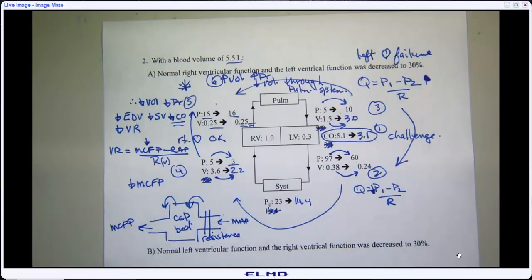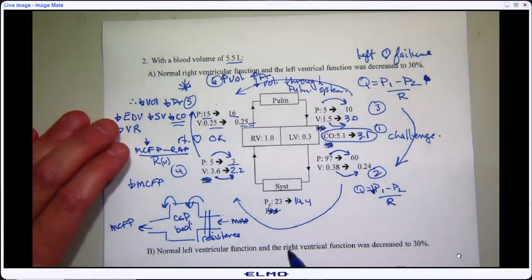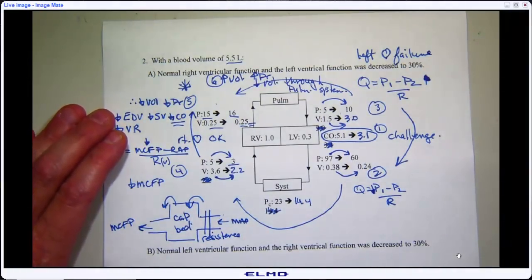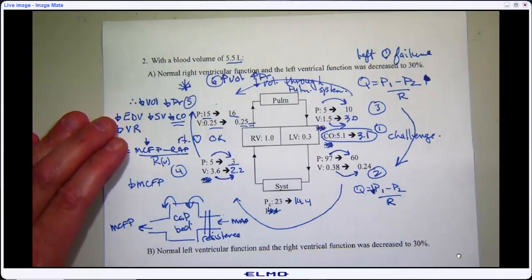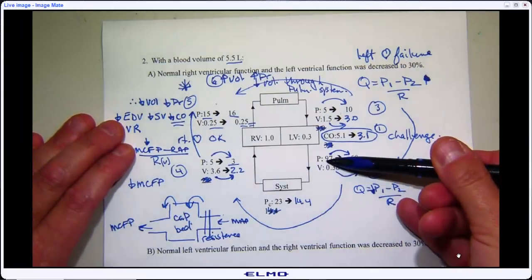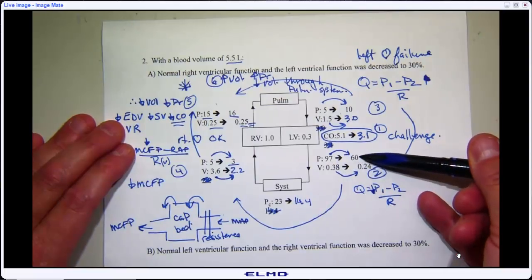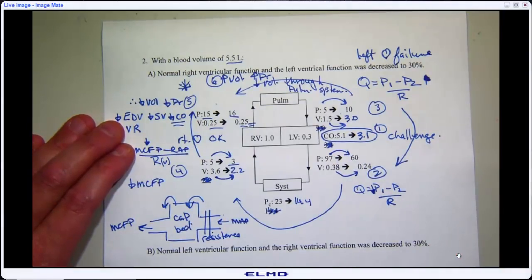Okay, so why did you decrease volume in? Because the pressure dropped. What pressure dropped? Systemic arteries. So your mean arterial pressure dropped, essentially, right? That's what that number's telling us, right?